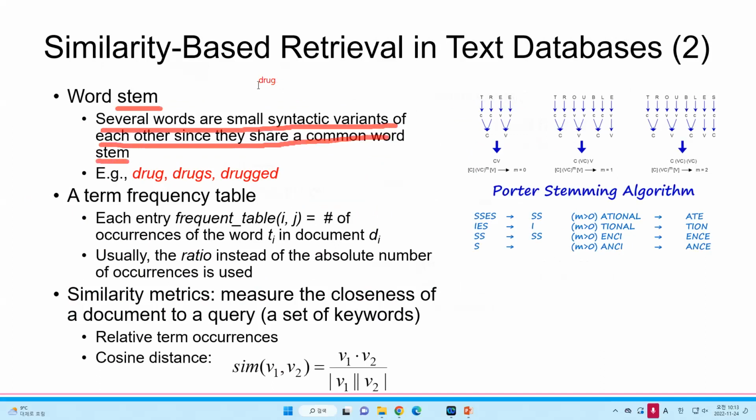Drug, for example, you go to the drugstore. Drug can be a noun, singular.